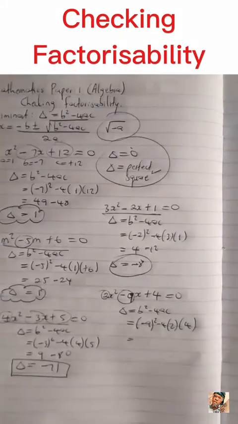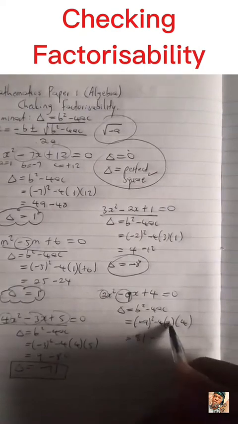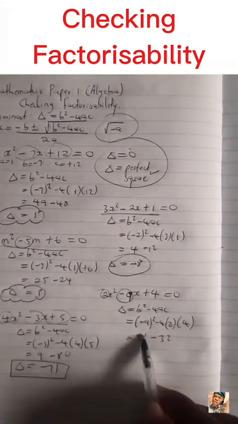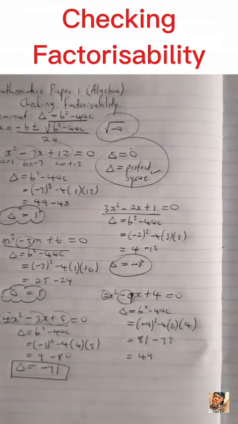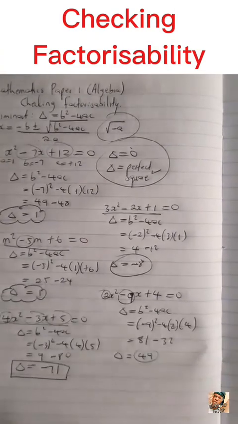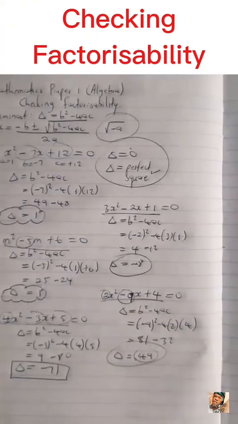So negative 9 squared is 81, and then minus 4 times 2 is 8, 8 times 4 is 32. Now what is 81 minus 32? Well, it is equal to 49, right? So the discriminant is equal to 49. Is 49 a perfect square? Yes, it is a perfect square. So the fact that the discriminant is equal to a perfect square means that this can be factorized, okay?